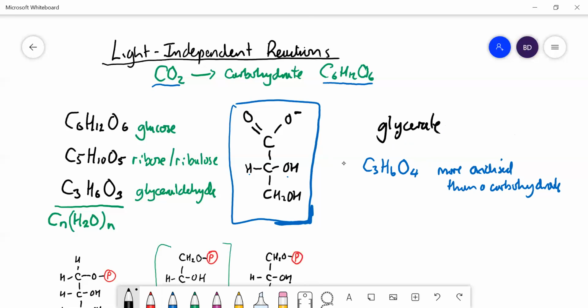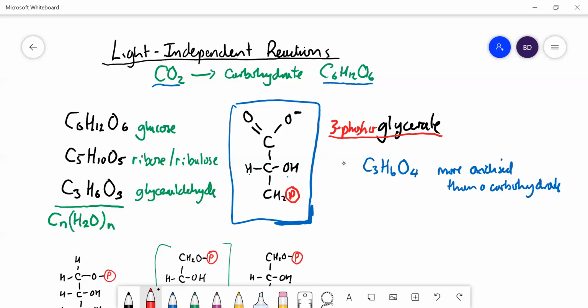And if I replace that OH group down there with an organic phosphate, which I'm going to call P, that's PO4 3-, that is called 3-phosphoglycerate, and this is an important intermediate in these light independent reactions.